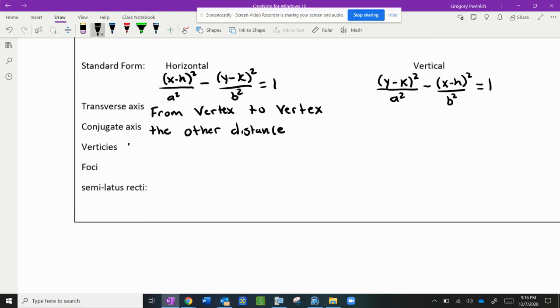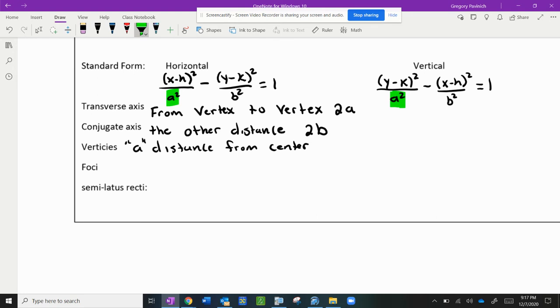is 2a. Or, let me change that, that would be the transverse axis. And 2b would be the conjugate. And the vertices are a distance a from the center, since on this one our a is always going to be associated with how it's opening.